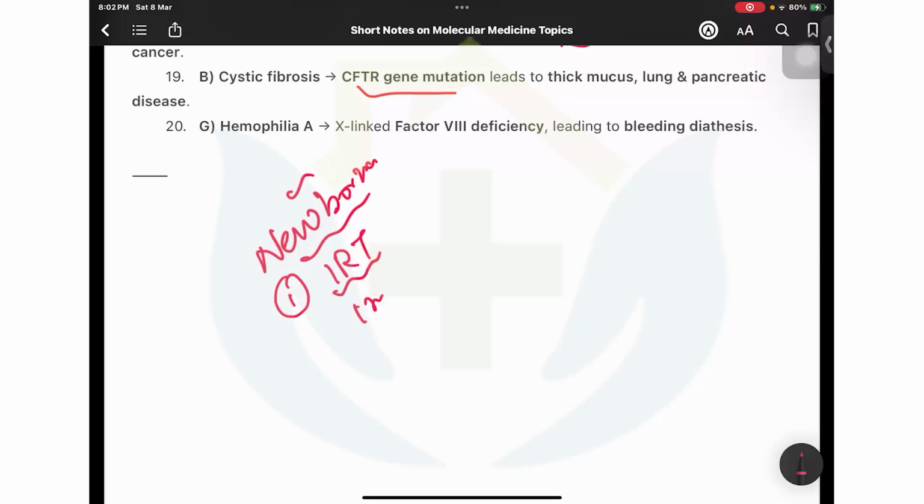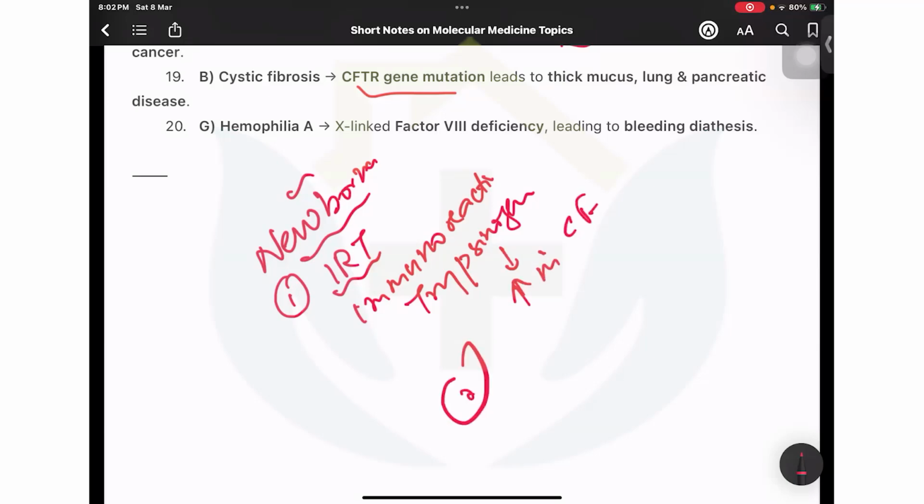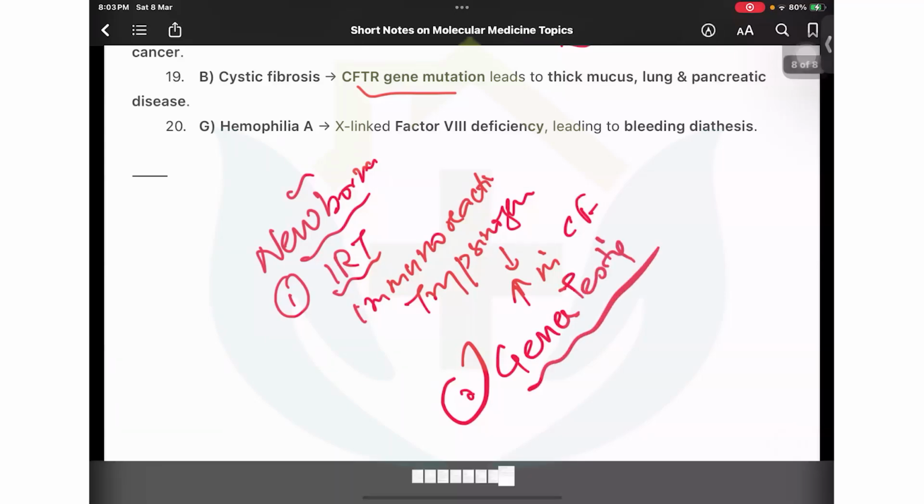IRT is the immunoreactive trypsinogen test. Why? Because it is tested in blood. It is elevated in cystic fibrosis. This is number one. Second, you do gene testing, microarray gene testing. You are specifically focusing on the gene.